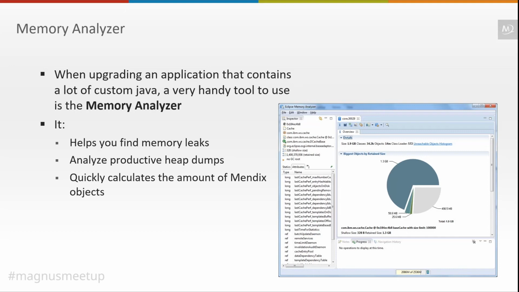Then I see the amount of Mendix identifier objects that are currently in the memory. If I then right-click on it and choose Java Basics, group by value, and then I think it was objectType.